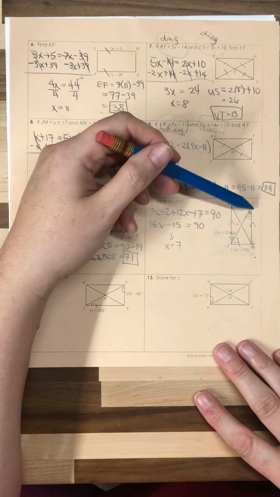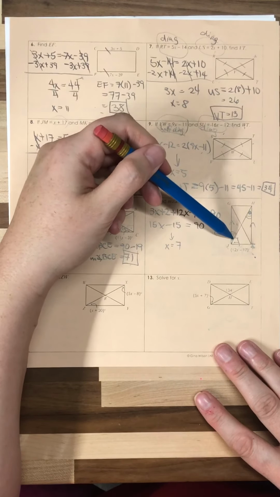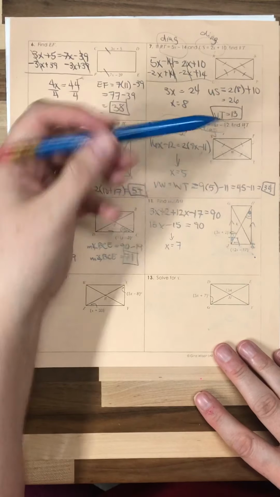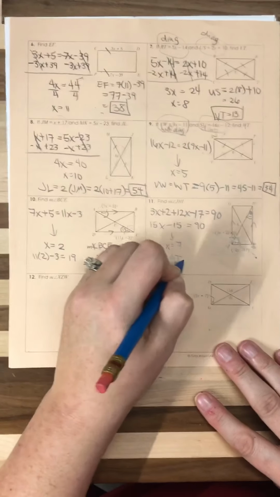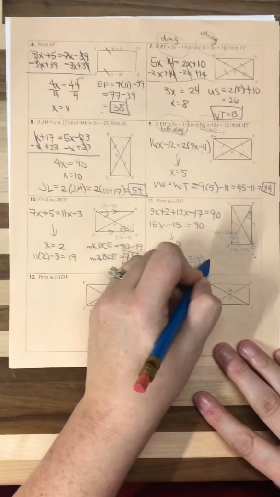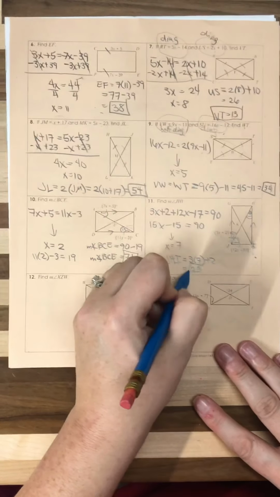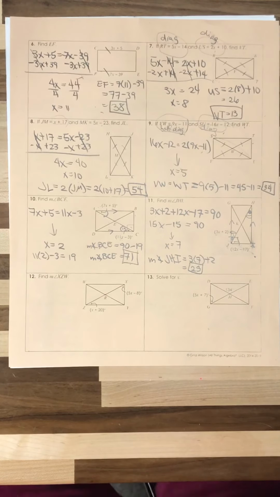So JHI is alternate interior to this one with the parallel sides, so they're congruent. So the measure of angle JHI has to equal 3 times 7 plus 2. Well, that's just 21 plus 2. So that's 23.